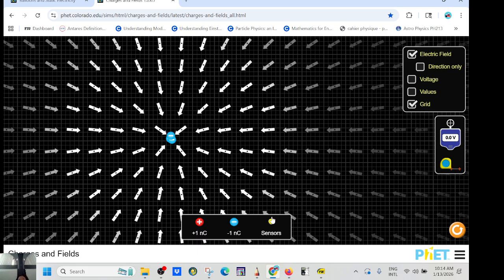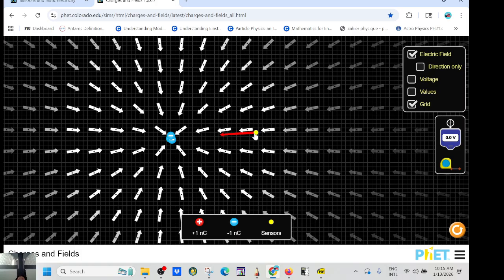If you place a very small charge and the charge is positive, do you think it's going to be pushed away or attracted? Attracted, right? Positive and negative attract each other. This is called a test charge because it has its own electric field, but because it's so small, it's not going to disturb this one.